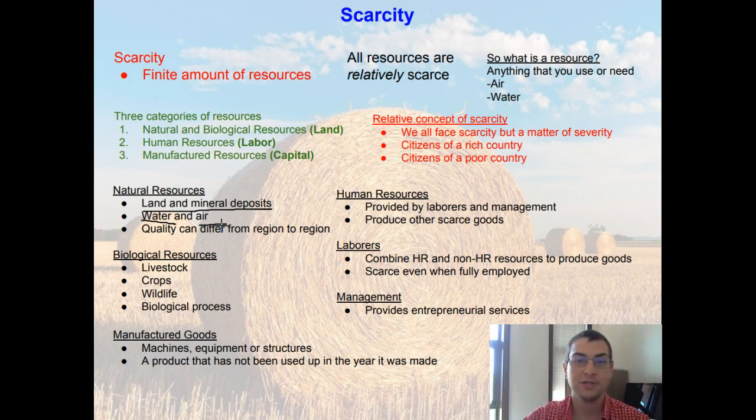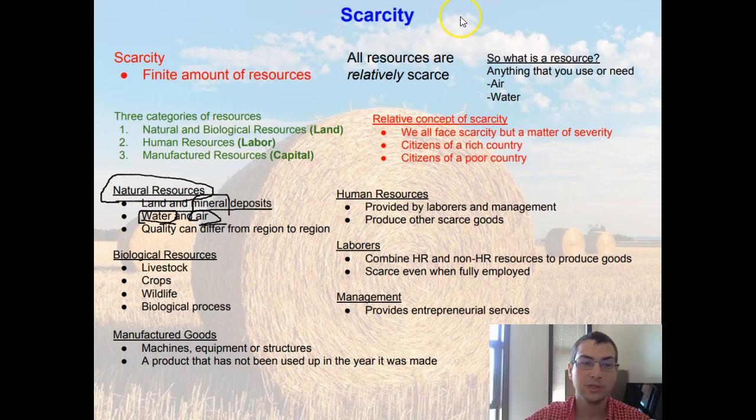So stuff such as salt could be a natural resource. Gold is a natural resource. Silver is a natural resource. Stuff like potash for fertilizer is a natural resource. Nitrogen, natural resource. These are all resources that were already here on Earth that we just utilize. Water and air are both natural resources.